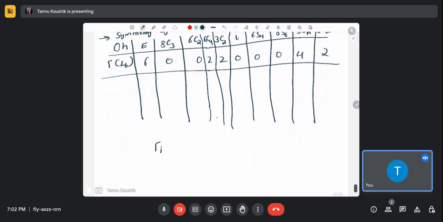Using the reduction formula, we will find out that it will have symmetry of A1g, T1u, and Eg.